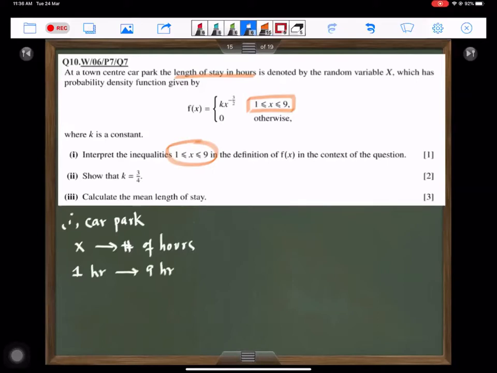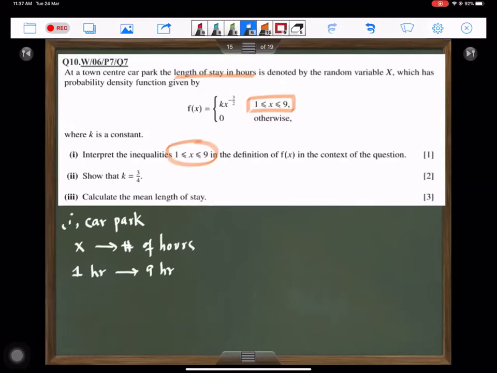That means in this particular car park, the minimum amount that the car will stay is 1, and the maximum it would stay is 9 hours.